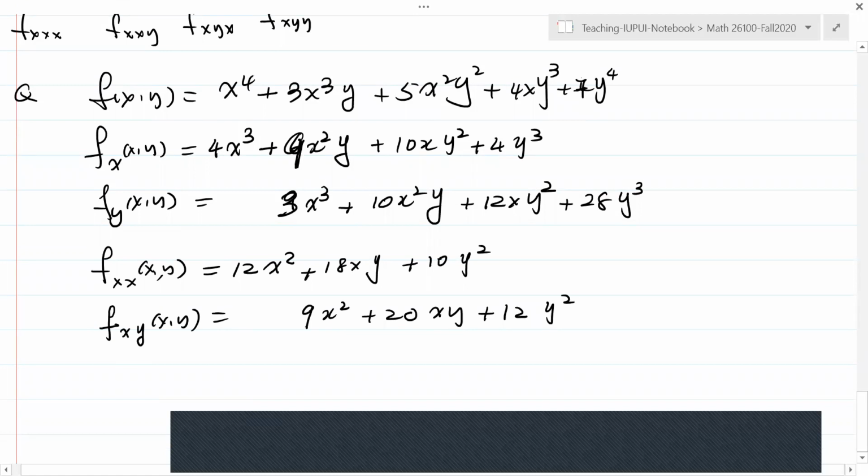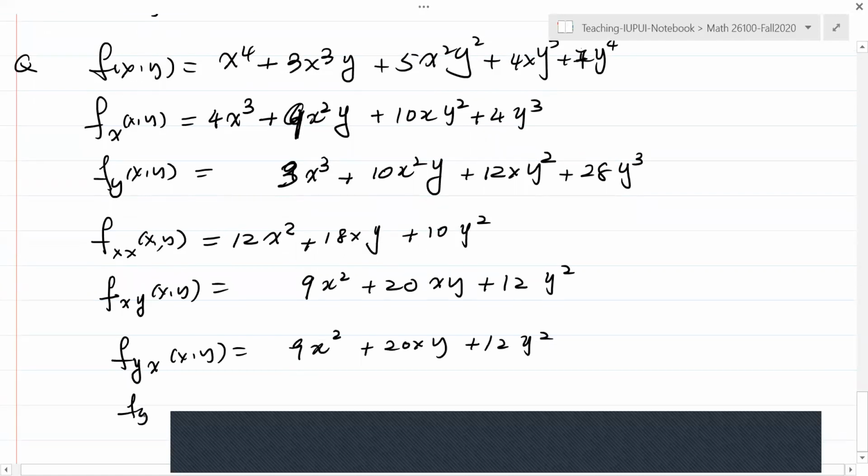But now we switch to the second partial derivative, f sub y, and I'm going to differentiate with respect to x. So with respect to 9x squared and 20xy and 12y squared. Okay. Then I differentiate with respect to y, so I get double y here.